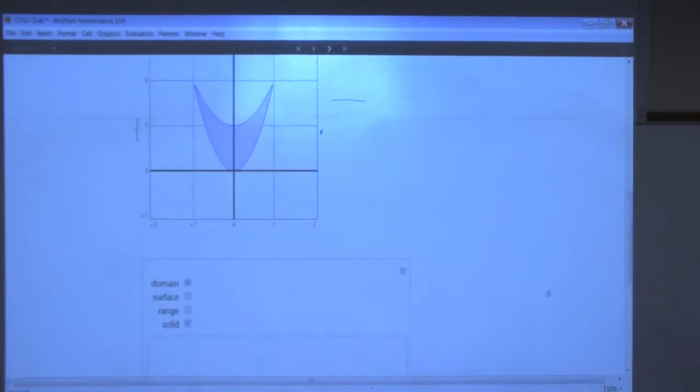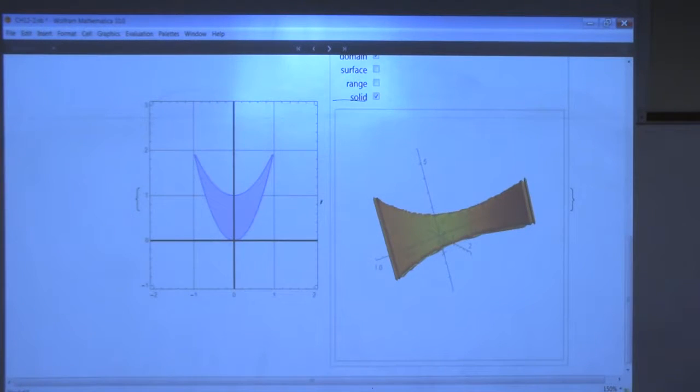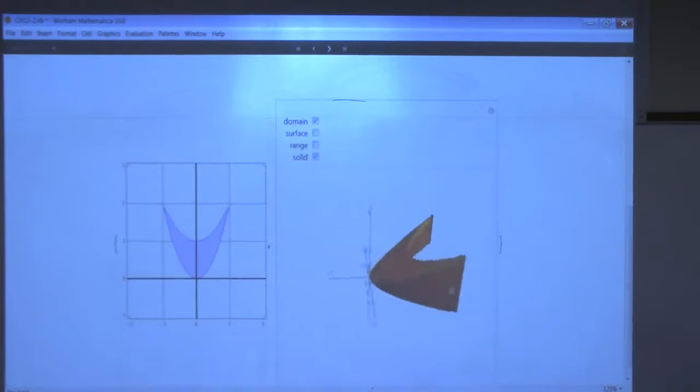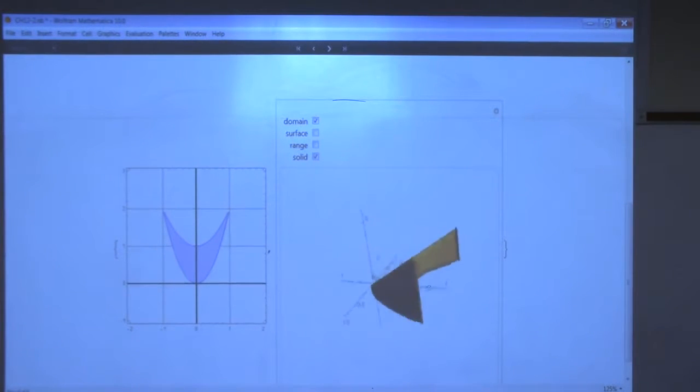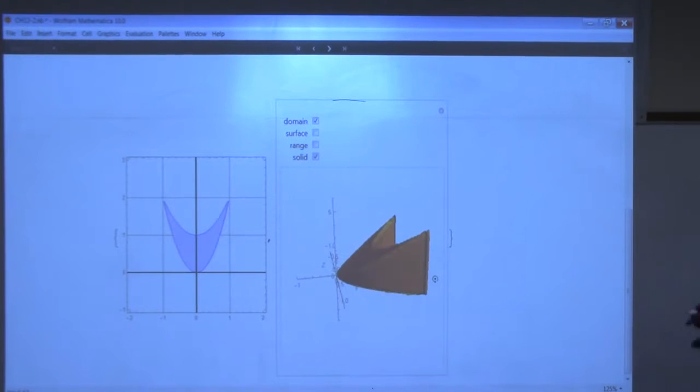There. We found the volume of that solid. Well, we didn't. We almost did. Whatever numerical answer you would have gotten for that represents the volume of that solid.